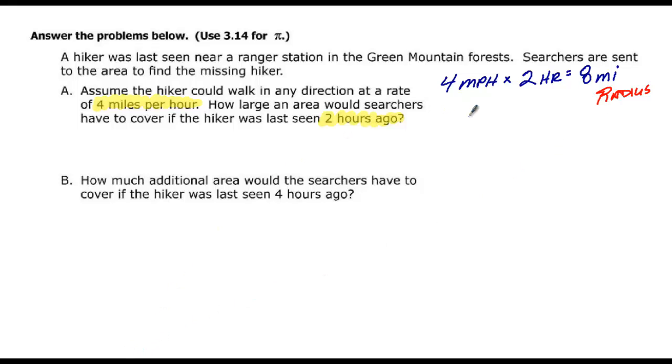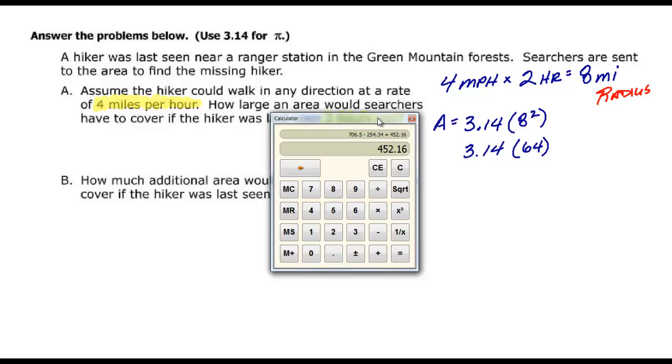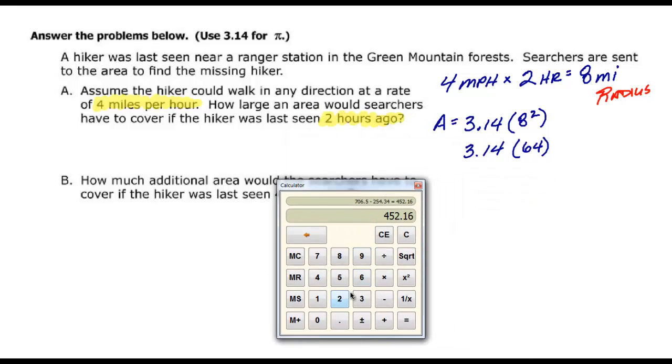So we have our area formula again, 3.14 times 8 squared, which is 3.14 times 64, and that is 200.96.